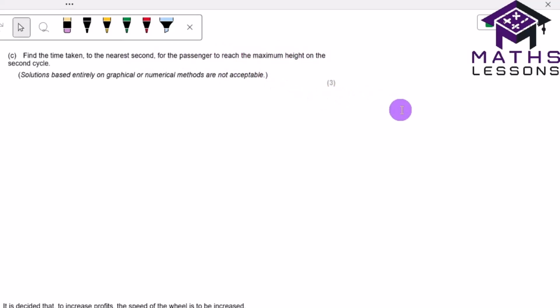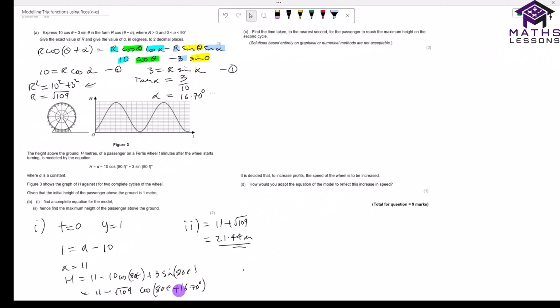Now what you've got to realise is this plus 16.7 degrees has shifted the whole cos curve left. So when you've got your original cos curve that this has come from, this point has been moved to the left. So we're starting from over here. My first maximum height is going to be when cos is minus 1, which is just here. My second maximum height is going to be here when it's at 540. There's 360, there's 540.